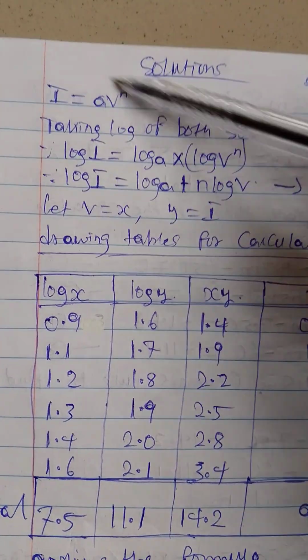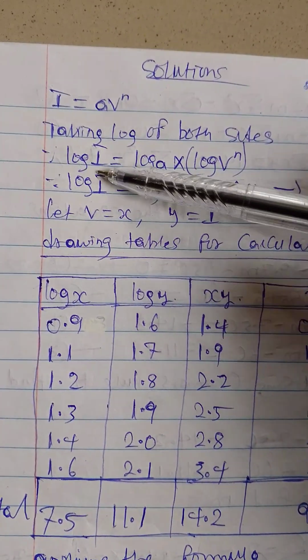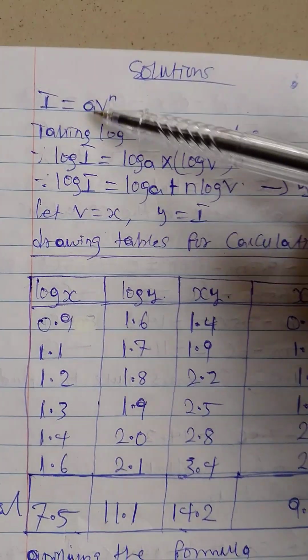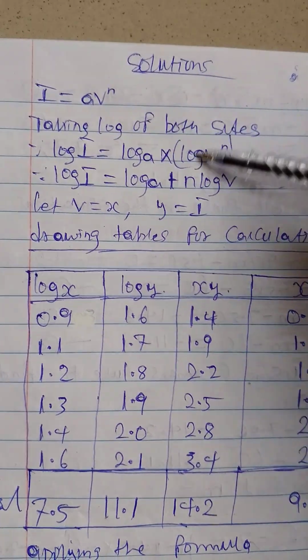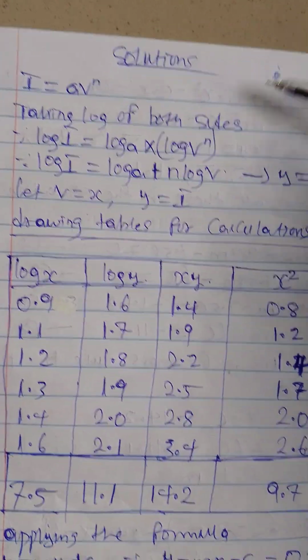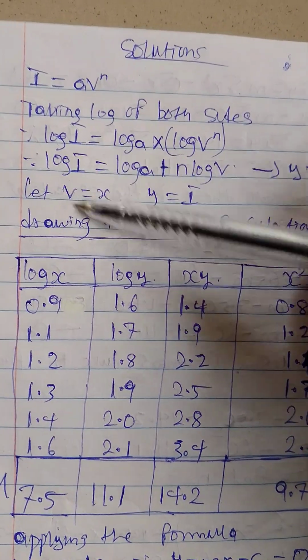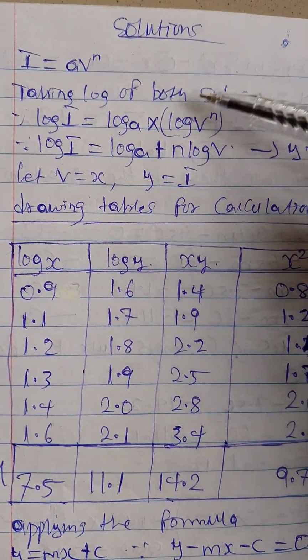Taking the log of this equation, log of current, log I, is equal to log A times log v raised to power n. So therefore log I is equal to log A.